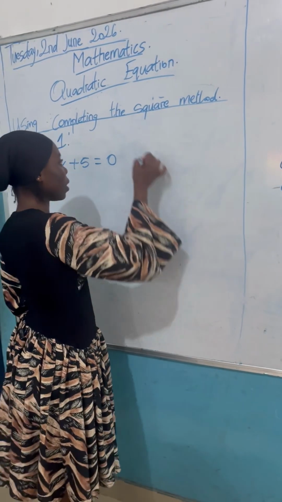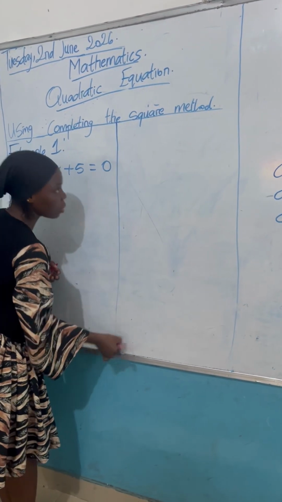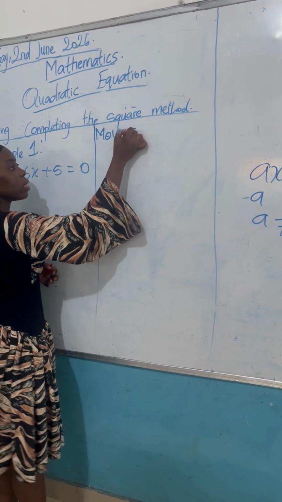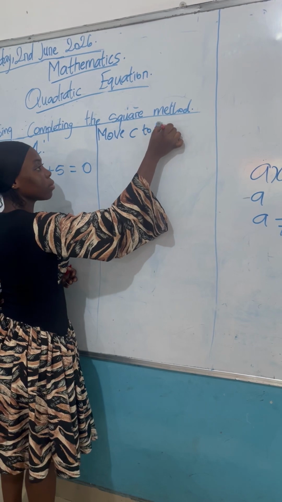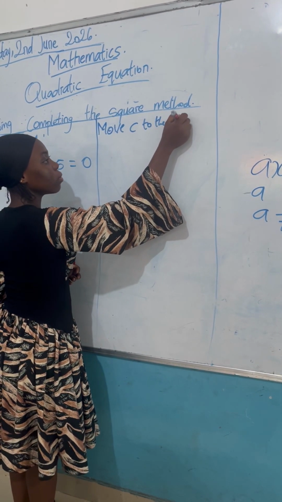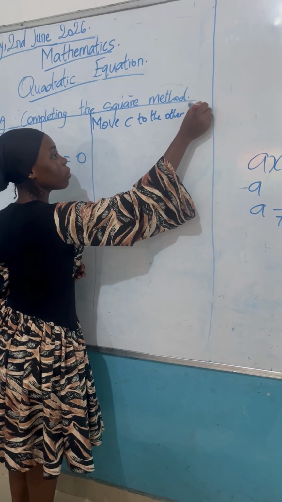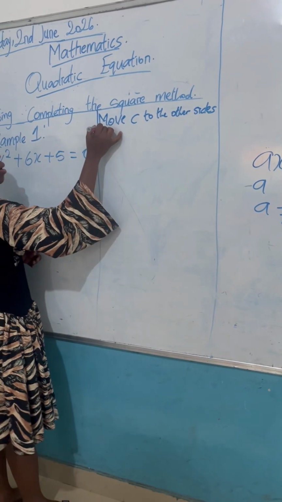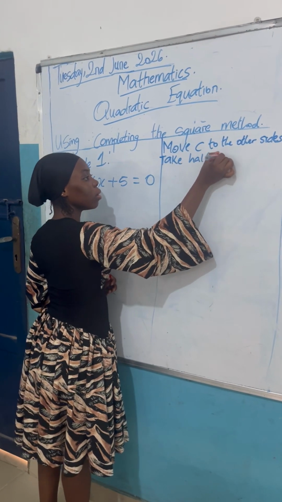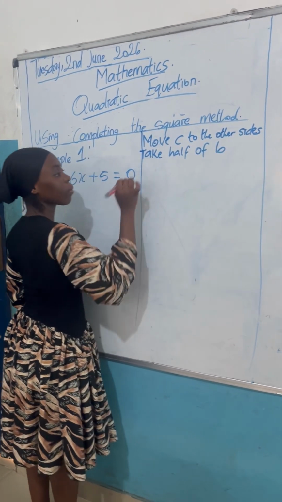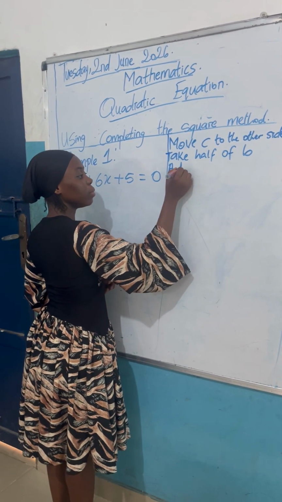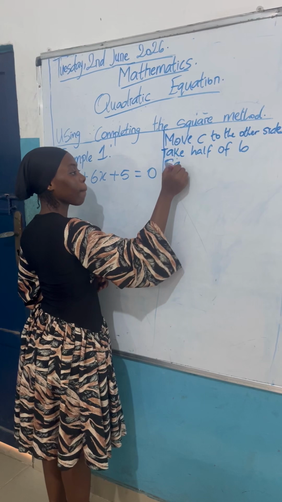So one of the steps we'll be making use of is, first, we move c to the other side. Take half of b. Take half of b and square it.